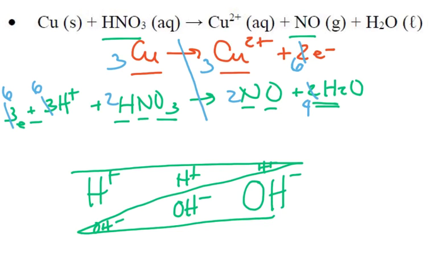And now we put those 2 equations together. I'll do it here. We're going to cancel out the 6 electrons. That's the only thing that cancels.